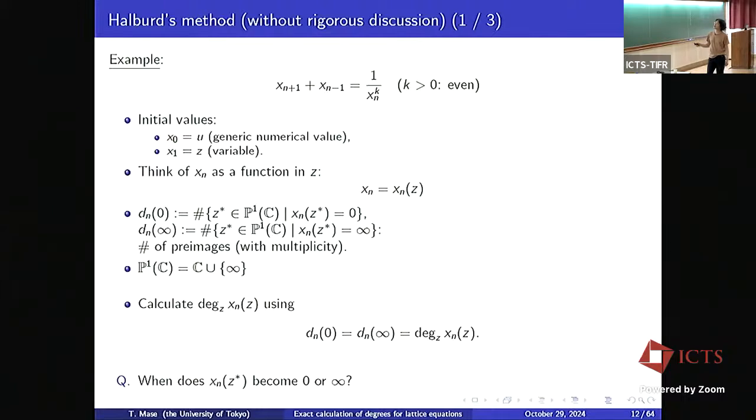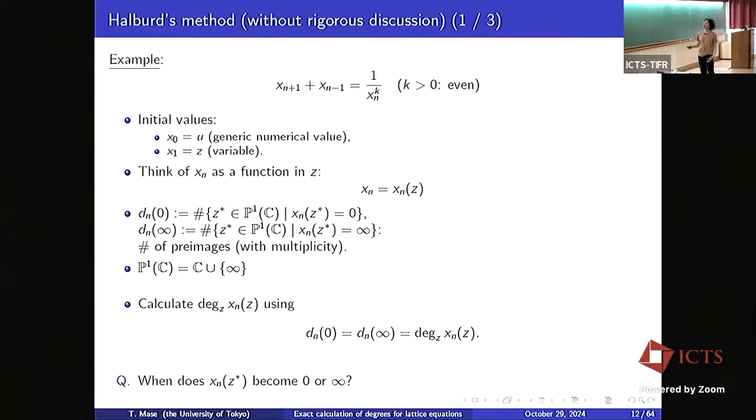So xn is a function in z with coefficients in C. We work over C. And let dn0 be the number of pre-images of xn of 0, and dn infinity the number of pre-images of infinity.